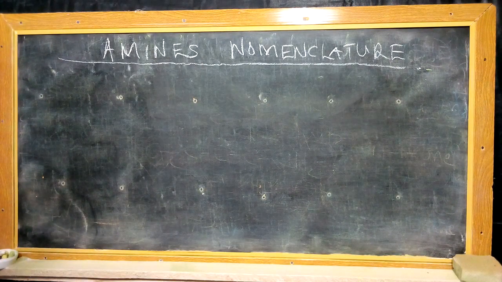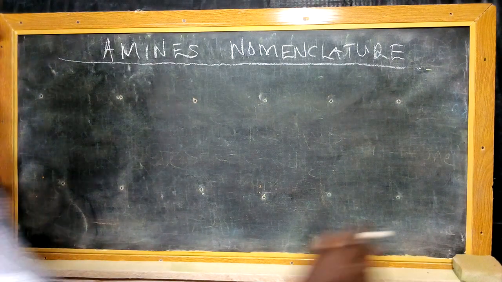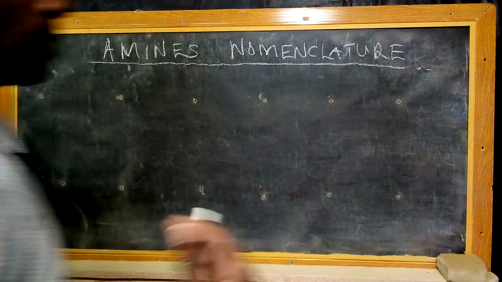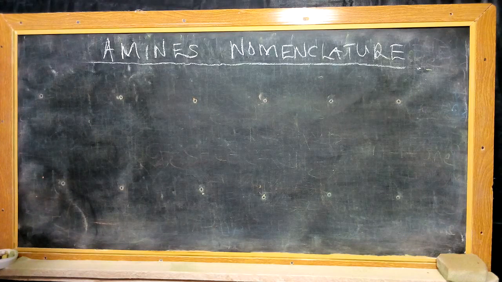To start with, as we were dealing with other classes of organic compounds, there are some specific rules that apply across organic compounds, but for the majority of them, like the alkenes, alkynes, amides, carboxylic groups, aldehydes and ketones, you find that they derive their names from the parent alkane groups.